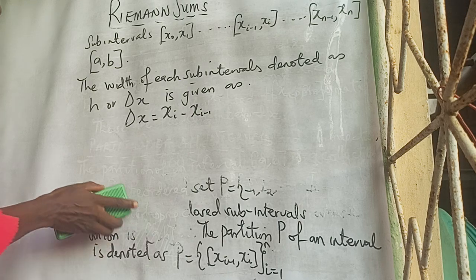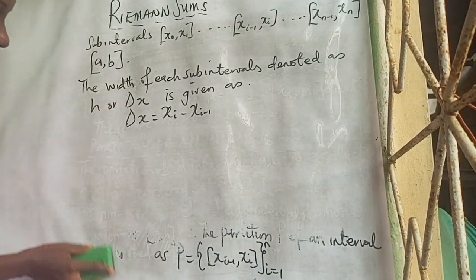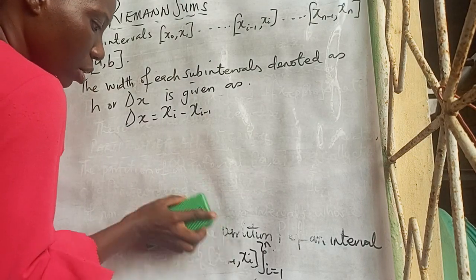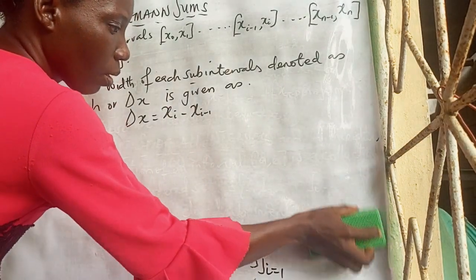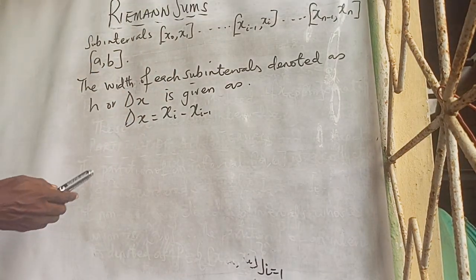And that takes us to the next thing we want to define or describe in this video, and that is the norm or the mesh of a partition.